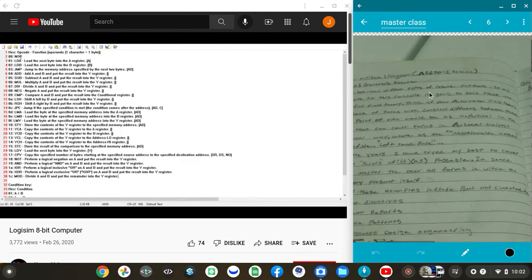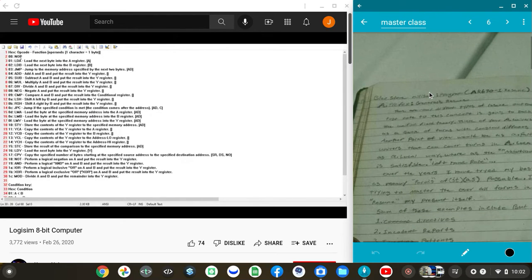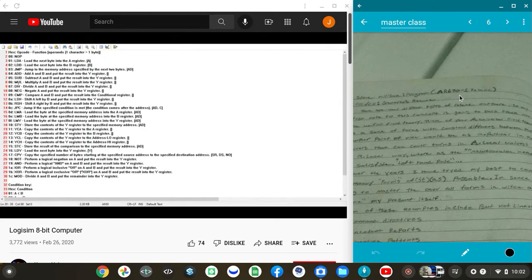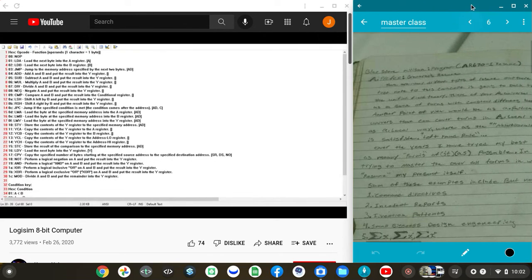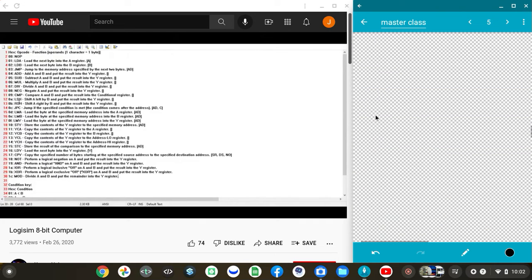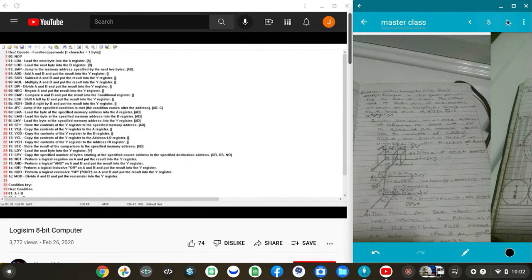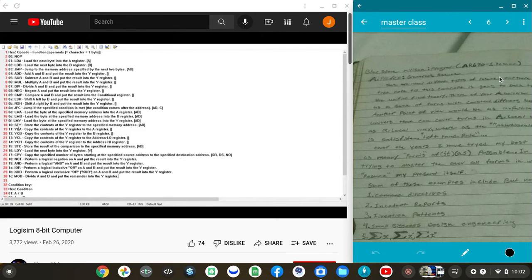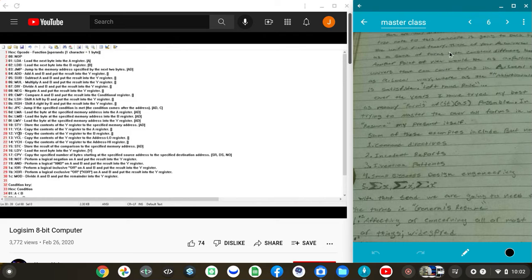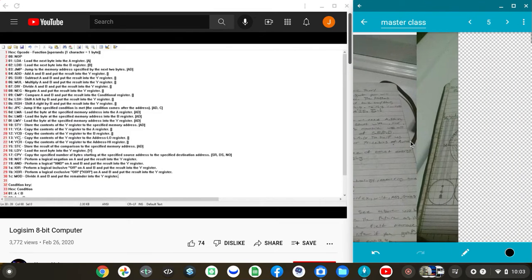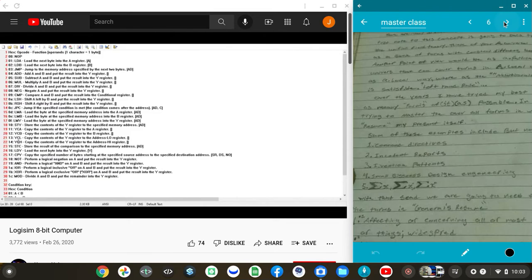And some other ones that only take one cycle, let's see: add, subtract, multiply, divide, negate, compare, left shift, right shift. This one, the Y copy to A, the Y copy to B, Y copy to the lower part of the address, Y copy to the higher part of the address.